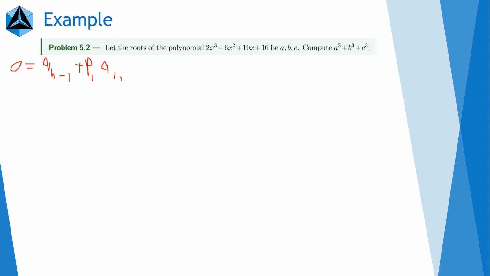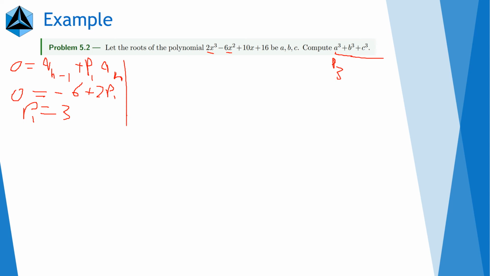By the way, the thing we want is just p3. If we can find p3, then we're done with the problem essentially. So we know what a sub n minus 1 is. This is a sub n minus 1, this is a sub n, so 0 is equal to minus 6 plus 2p1, which means p1 is equal to 3.